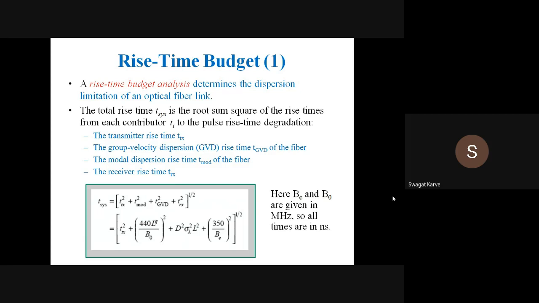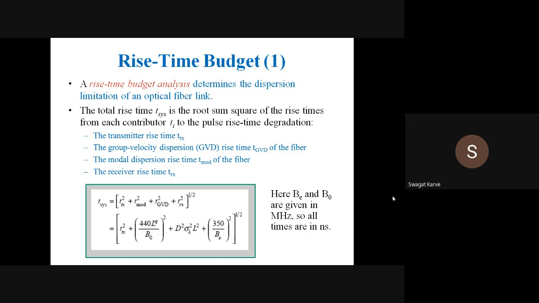So basically there are four major rise times that you should consider: the transmitter rise time, the group velocity dispersion rise time, the modal dispersion rise time, and the receiver rise time, that is TRX. When you take the square of each, add them, and take the square root, you can calculate the total rise time of the particular system, right?